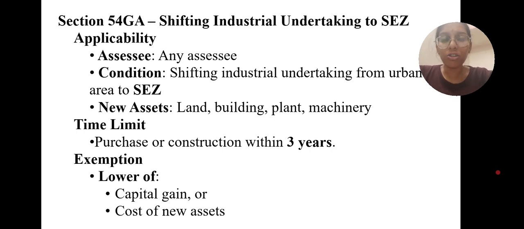It is applicable for any assessee, and apart from your capital gain amount, you should purchase land, building or machinery in that special economic zone. The time period is 3 years, and the limit is the lower of capital gain or cost of new assets.